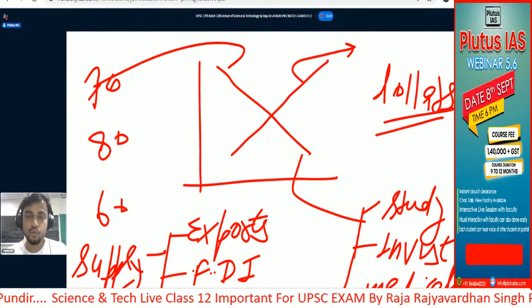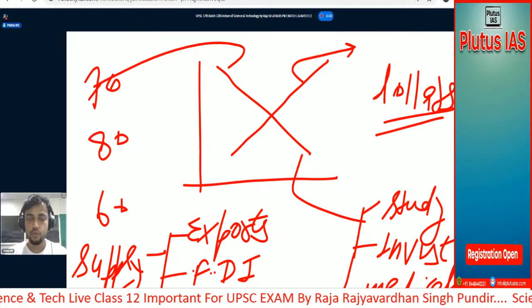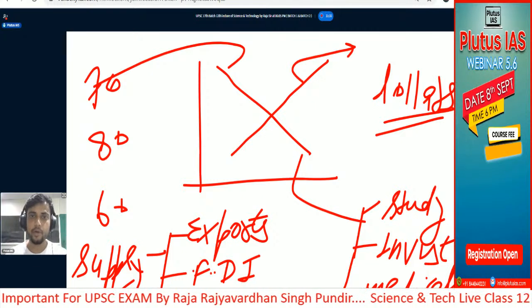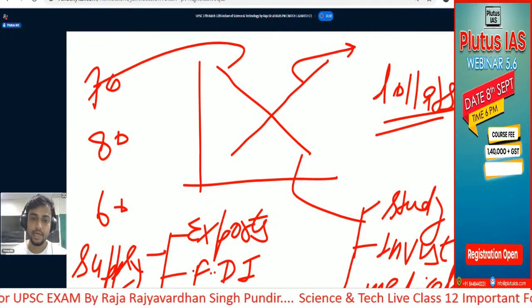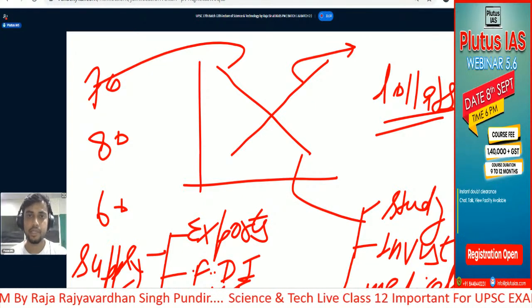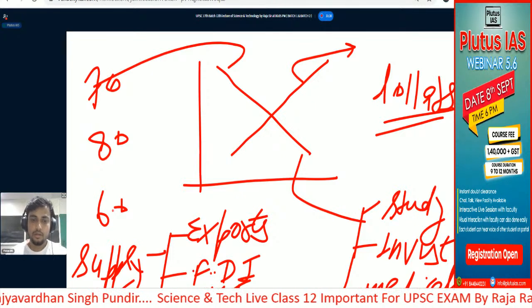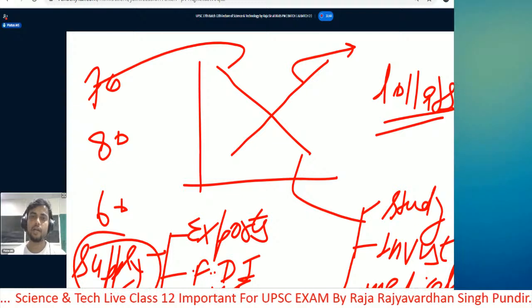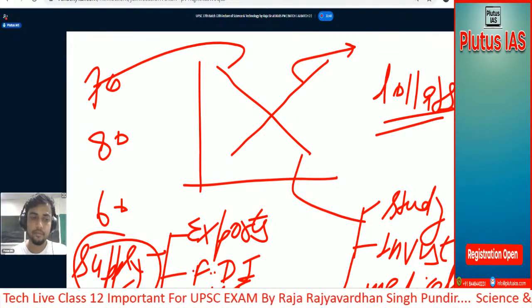And the NRIs who are working in USA or in any other country are sending money to India. It is the repatriation money. So we have a supply of dollars in the market and we have a demand for dollars in the market.